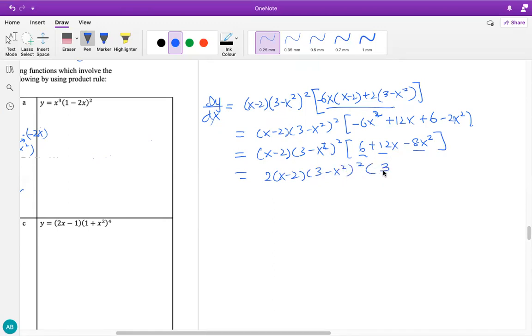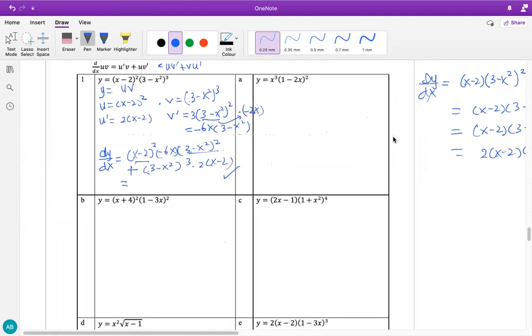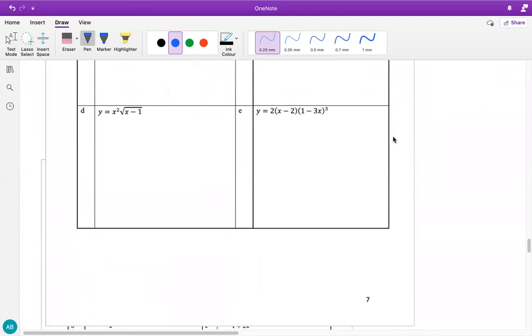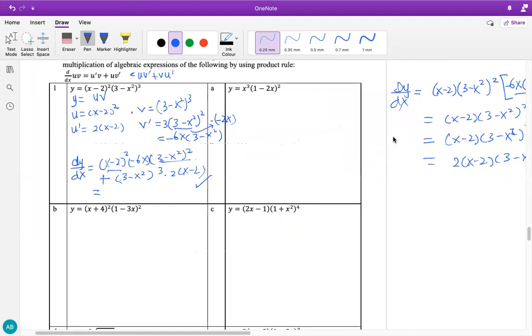Then inside you get 3 plus 6x minus 4x squared. Okay, so this is your last answer. All right, you can try the rest.